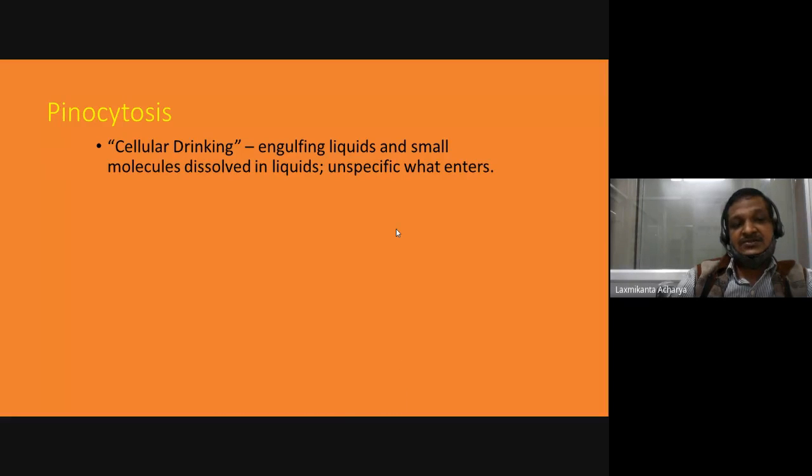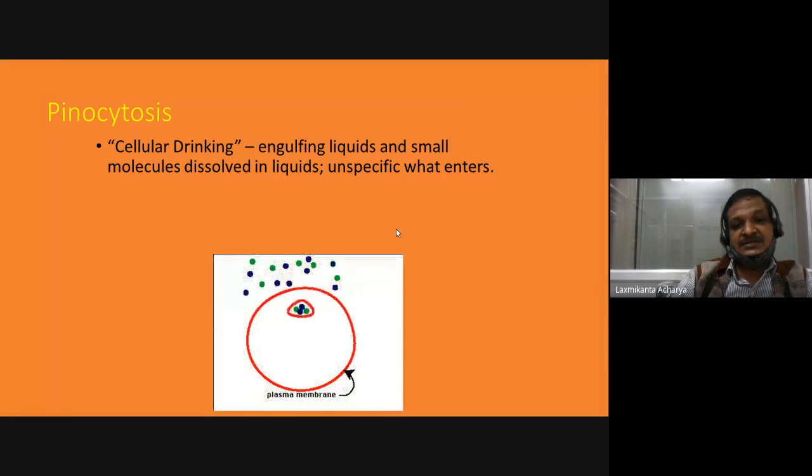You see how these molecules are taken in. This is called cellular drinking or pinocytosis. You can expect a one mark objective question from this.